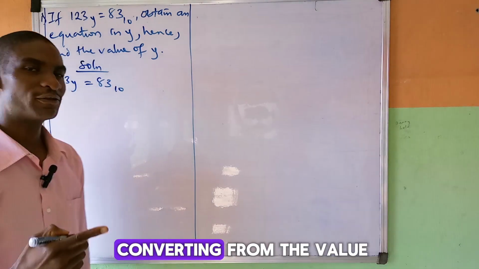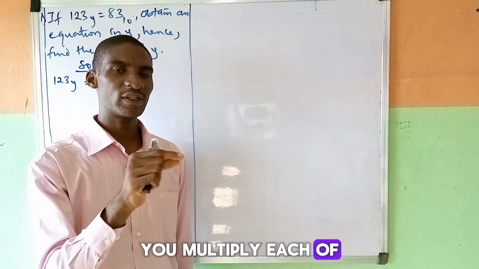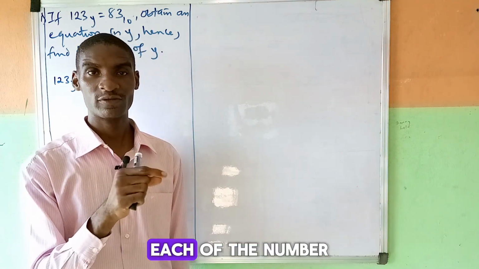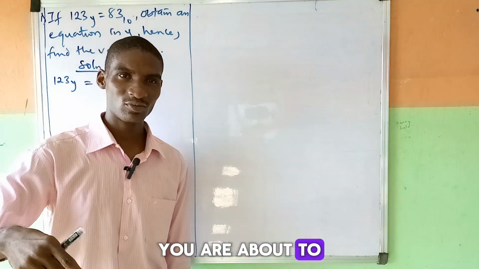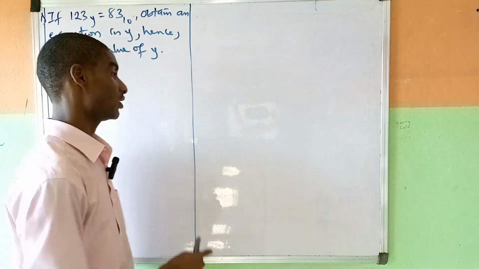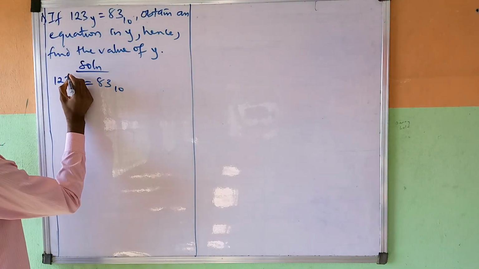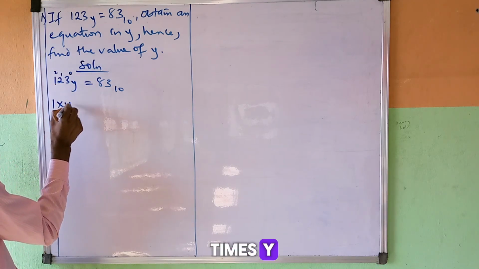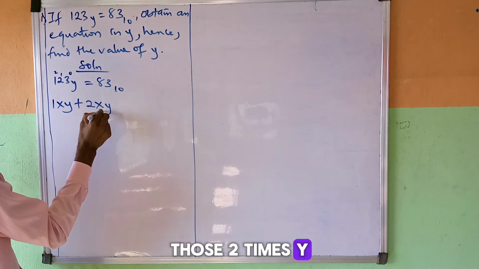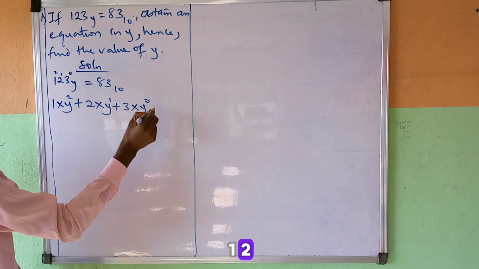Anytime you are converting from a value to base 10, you multiply each of the numbers in that value by the base you are about to change to base 10. So this is base y, so we multiply everything by y, with powers 0, 1, 2. So you do 1 times y squared plus 2 times y plus 3 times y to the power 0.